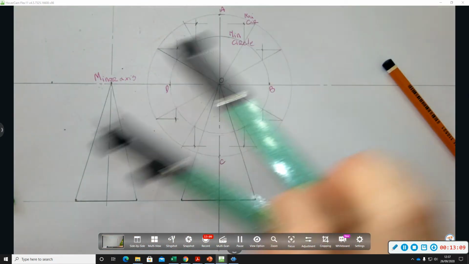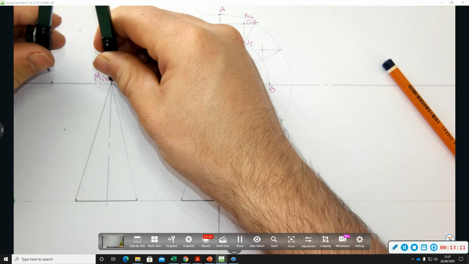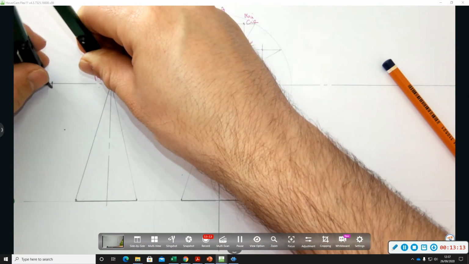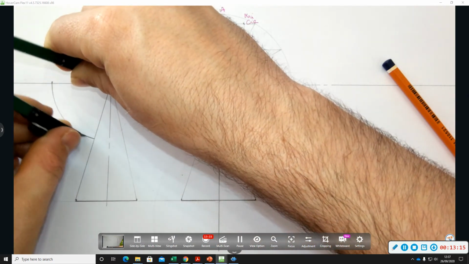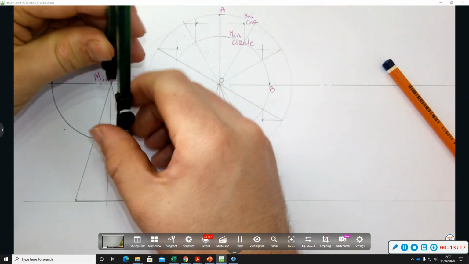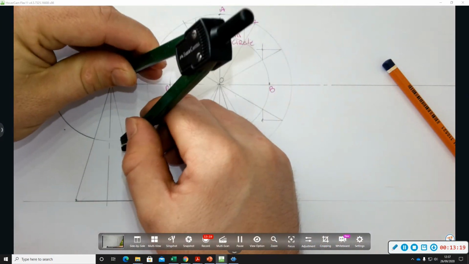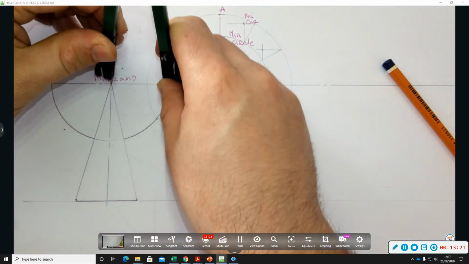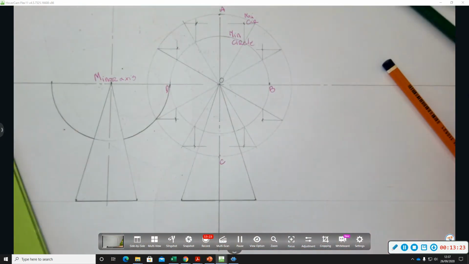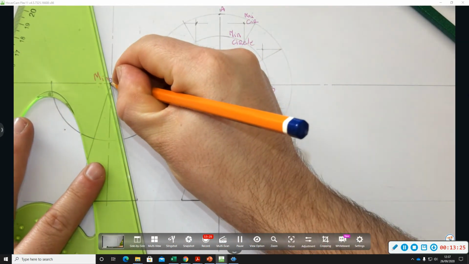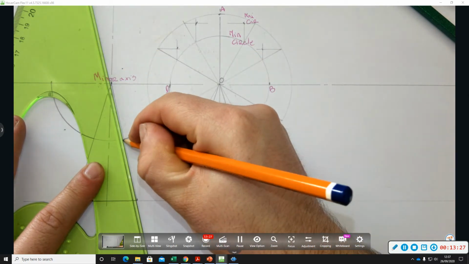I'm drawing my semicircle now. Can heavy that in.